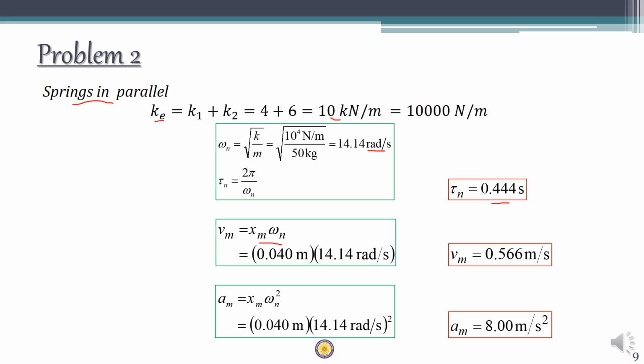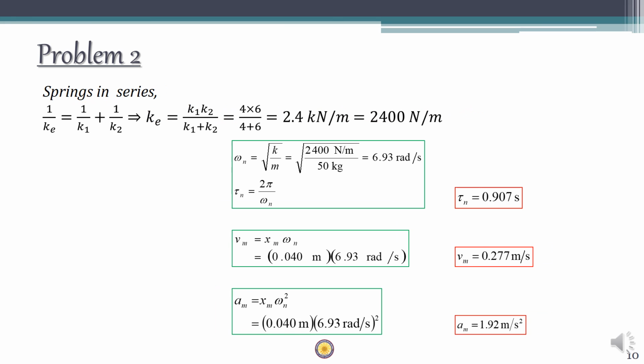Similarly when the springs are in series, in order to find the equivalent spring stiffness, 1 by k is equal to 1 by k1 plus 1 by k2, which means that k is equal to k1 k2 divided by k1 plus k2. So you can find the equivalent stiffness by this expression.